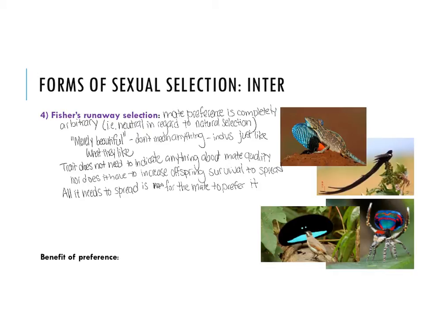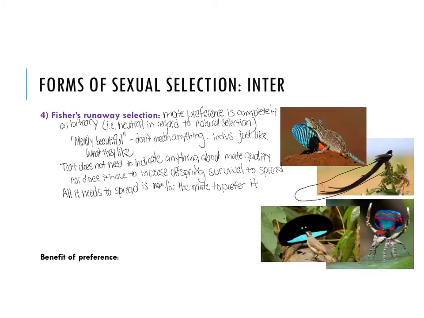Why evolutionary biologists can get kind of obsessed about Fisher's runaway selection is it's really the force that explains how we can end up with traits that reduce the survival of individuals under sexual selection. So for example, this bird here has an incredibly long tail. That long tail makes it a pretty poor flyer, but that tail is what females prefer.